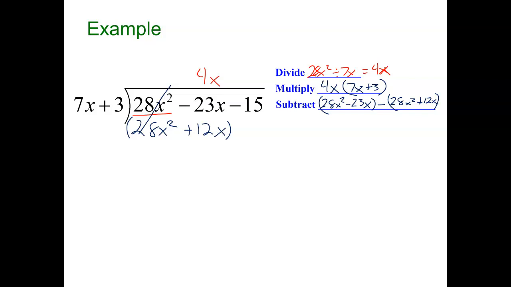We are not combining like terms. We are subtracting. And that's really important that you take your time on that step because that will be the single most common mistake that is made. Negative 23 minus 12, negative 35x.